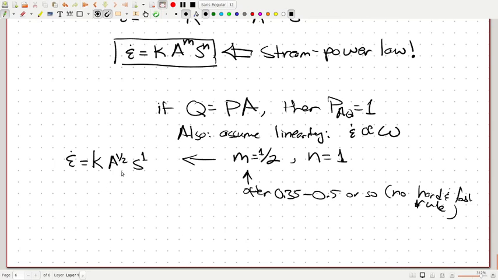And one nice thing about that is that then area to the 1/2 has units of length. So we can just say that this is going to be in units of meters. S, slope, obviously has no units. Erosion rate is in units of length per time. So let's say meters per year.